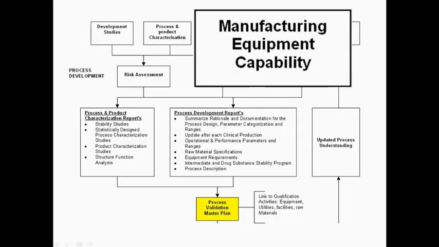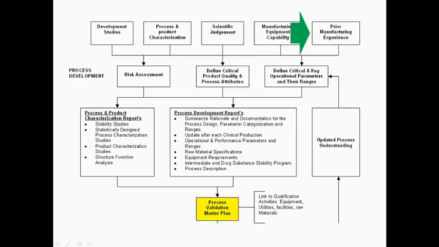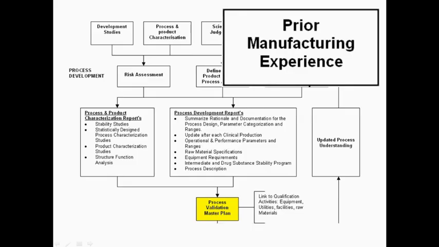Can we purchase off-the-shelf unit operations: inoculation, preparation, cell culture, fermentation, harvest, buffer preparation, media preparation, downstream processing, ultrafiltration, diafiltration systems, chromatography columns, etc.? Or will we have to purchase bespoke equipment? And we'll also be assessing our prior manufacturing experience to feed forward into our new development studies.